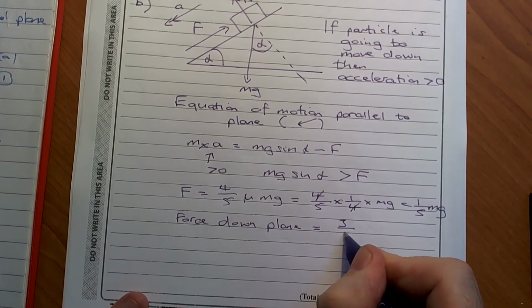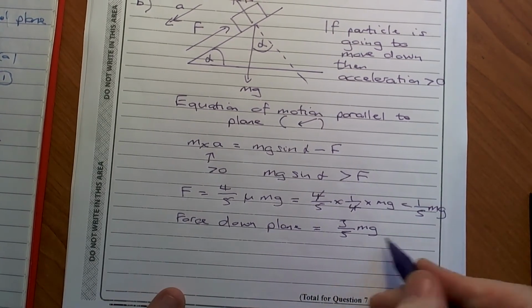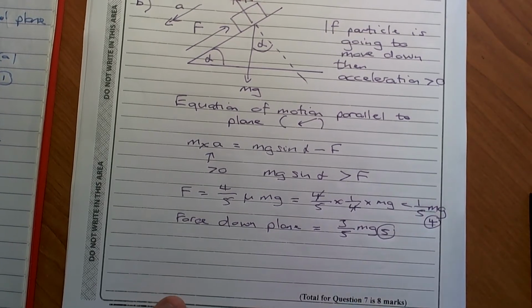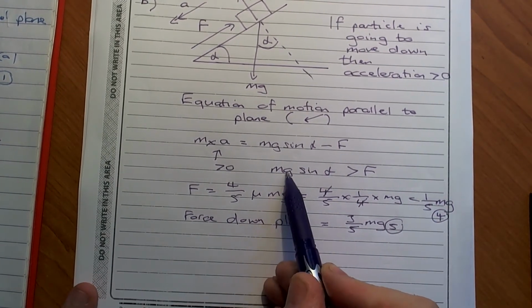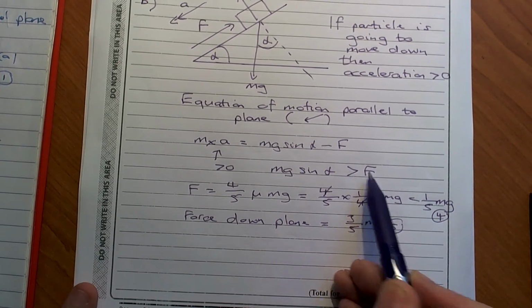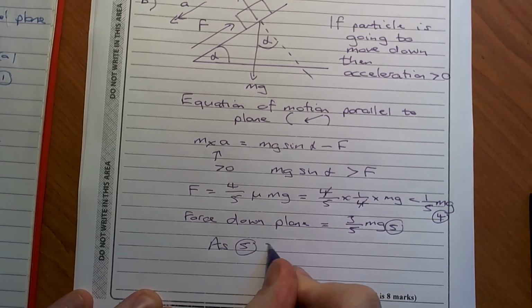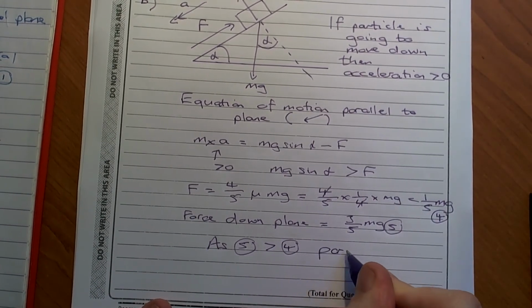So sine alpha is 3/5 times mg. Now if I look at these, if I number this one number 4 and number 5, 5 is bigger than 4. So this force here is bigger than that force F. So as 5 is greater than 4, the particle will move down the slope.